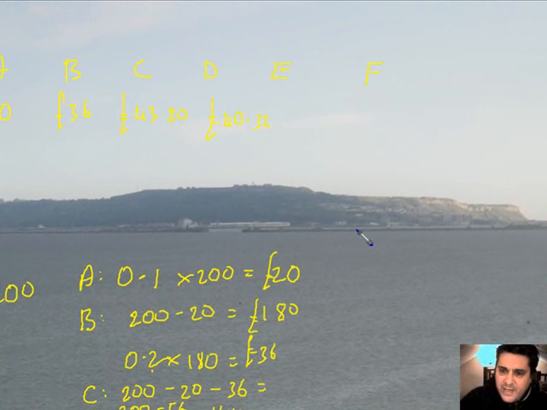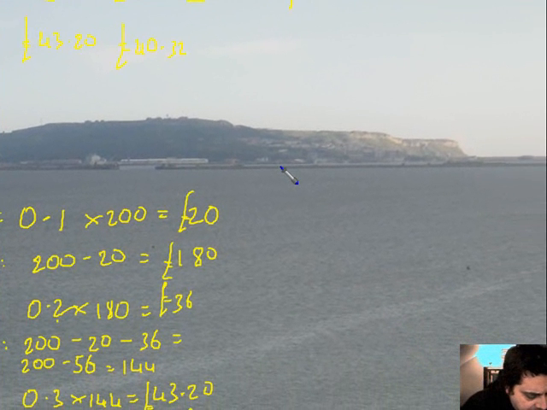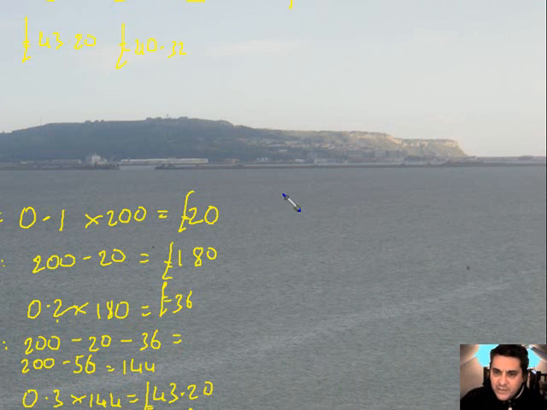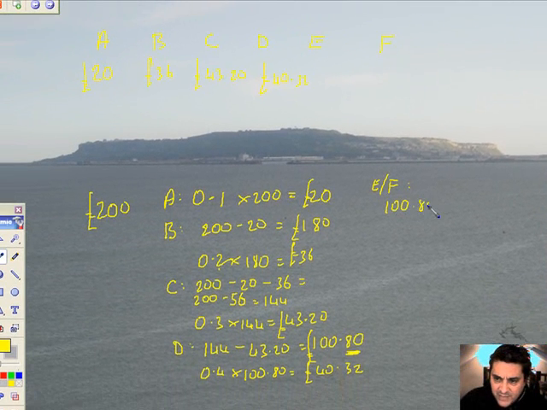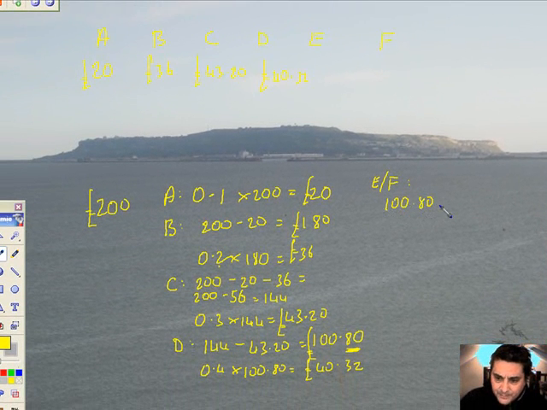Anyway, I'm going to work up here now. And then it says Emma and Fergus share the remainder. Oh goody, let's just do that, shall we? So Emma and Fergus, we're going to do them together. Before Dave took his chunk, he had £100 and 80p.